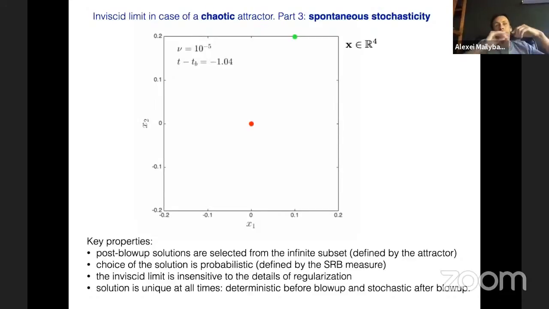So the future, the destiny of the system, cannot be deterministically predicted. But what we know is that we can know the distribution. The distribution seems to be unique. Yes, it seems to be unique. So this probability distribution seems to be unique.